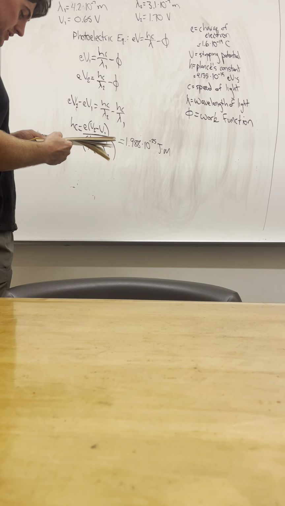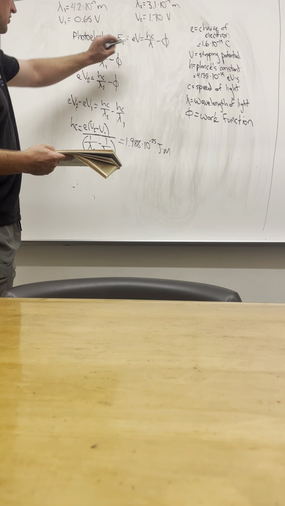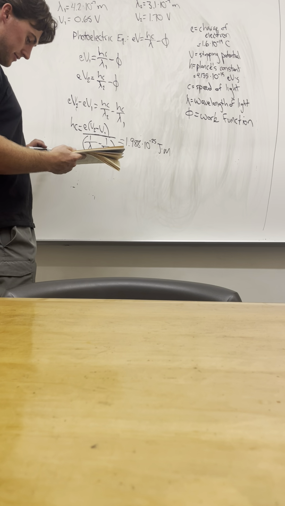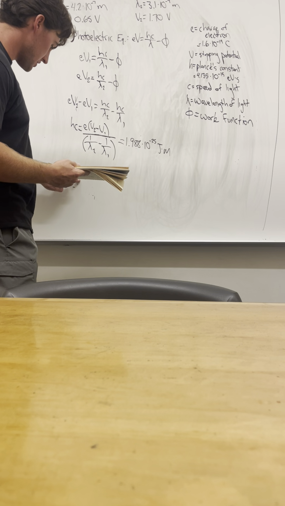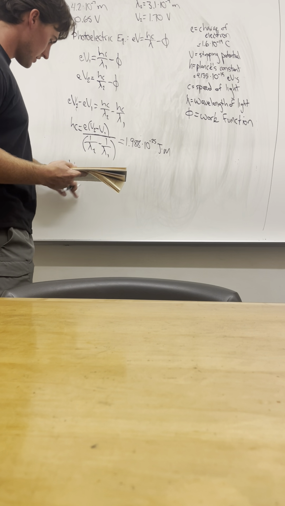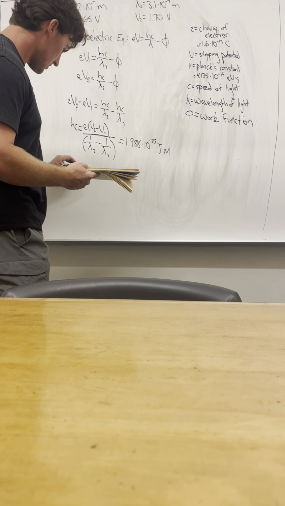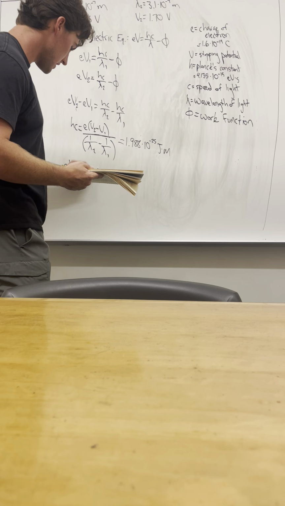And now that we know this value of hc, we can plug it back into our original photoelectric equation. So we have eV, using the voltage and the wavelength from the first set of light, equals hc over lambda 1 minus phi.